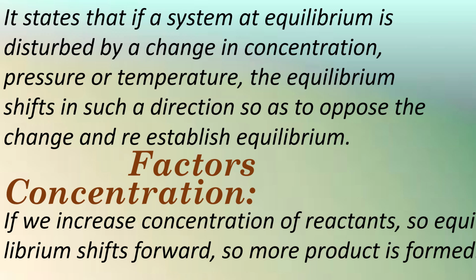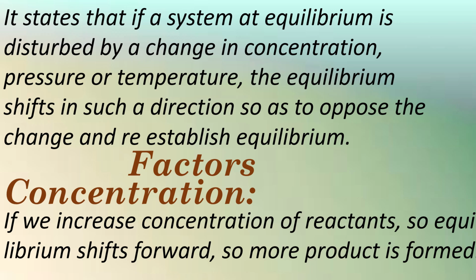For example, if we change the concentration of reactant or product, then what will be the effect? If we change pressure or temperature of the reaction, what will happen? I will tell you now.